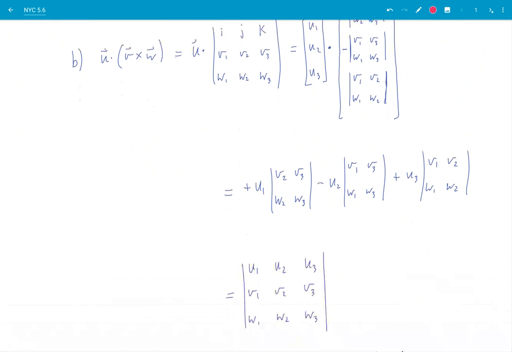So pause and copy. To understand this equal sign, I think it's easiest to go backwards. Think about doing this determinant as a cofactor expansion across the first row, and then you'll get exactly this. So I've proven it. Well, I've proven what I wanted to prove.